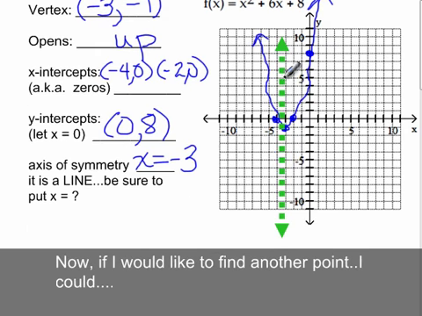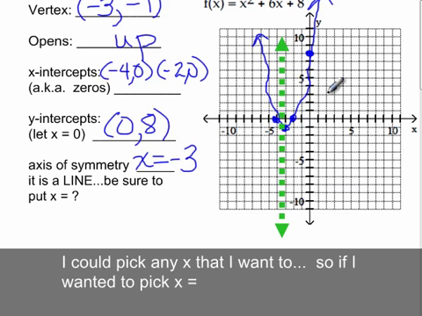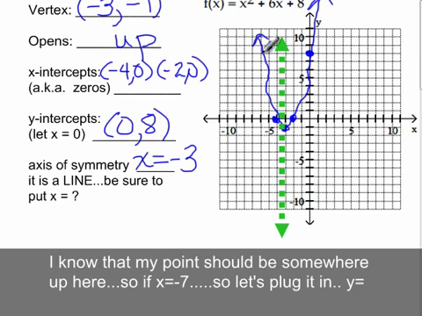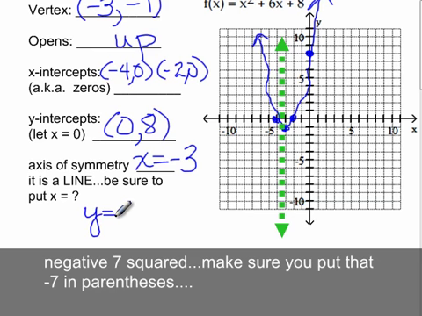Now, if I would like to find another point, I could. I could pick any x I want to. So if I wanted to pick x is -7, that would be about right here. I know that my point should be somewhere up here, right? So if x is -7, let's plug it in. y is going to equal -7 squared. Make sure you put that -7 in parentheses.